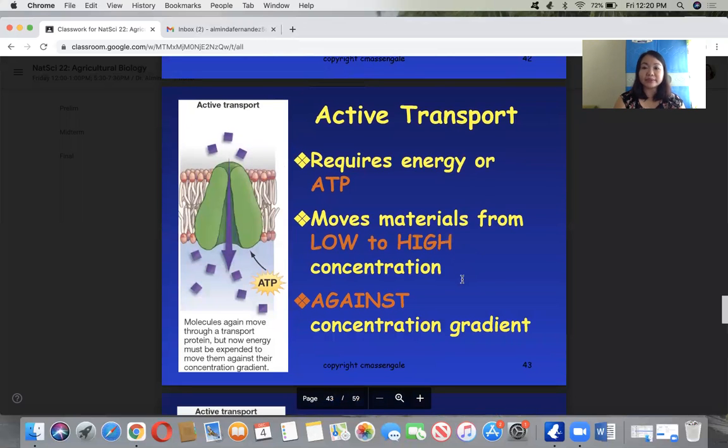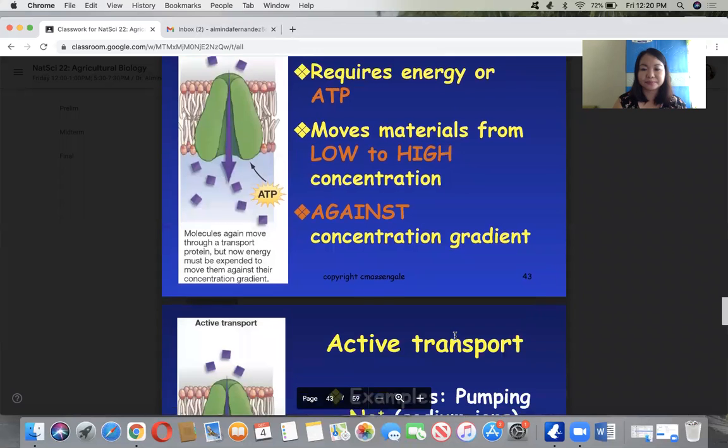But active transport requires energy in the form of adenosine triphosphate and moves materials from low to high concentration, instead of high to low, against a concentration gradient.